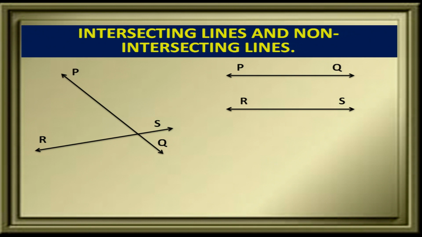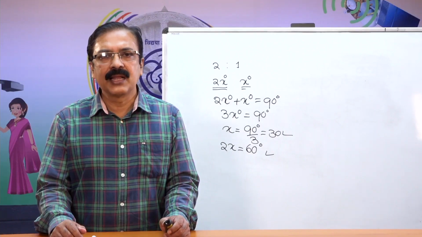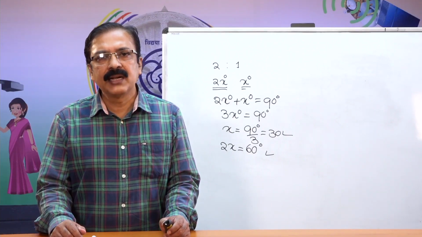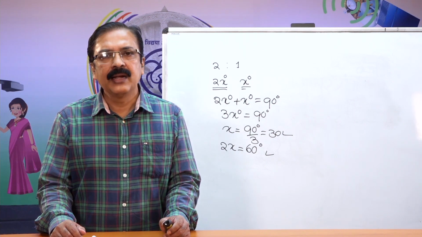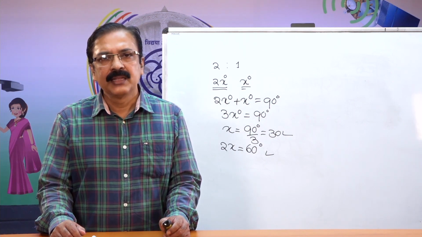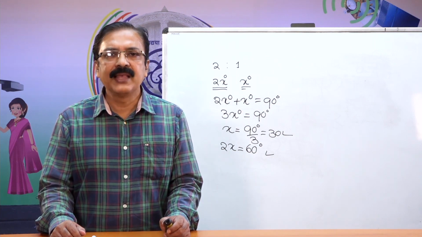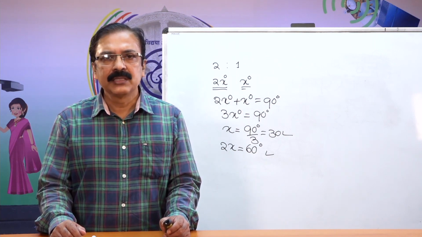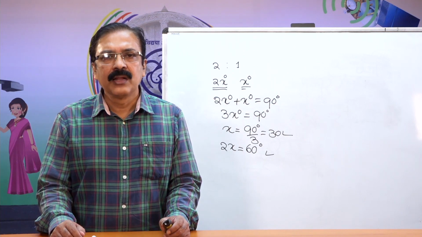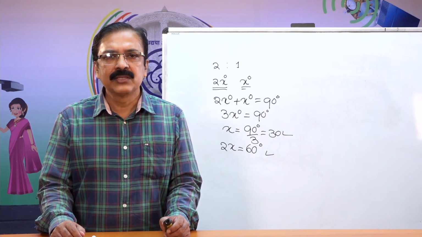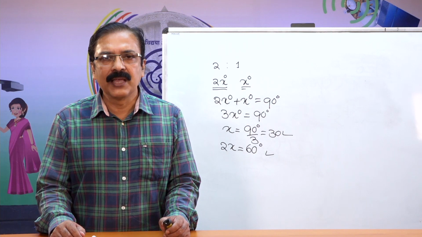If on a plane there are non-intersecting lines, and if we extend them infinitely and they never meet, that means the lines are parallel. Why are they parallel? Because the distance between these two lines always remains the same.